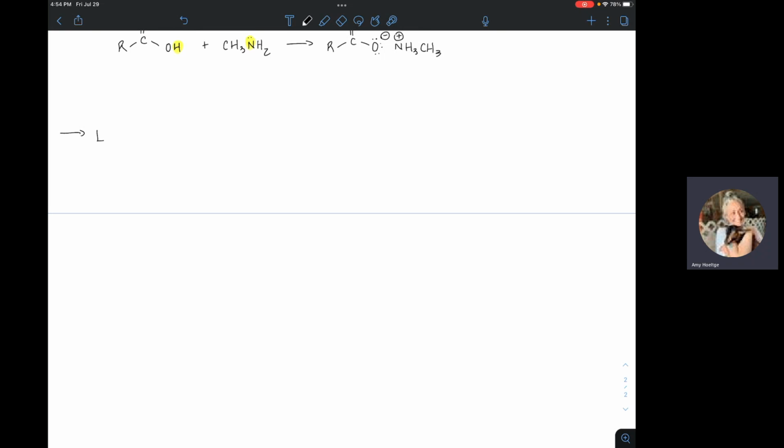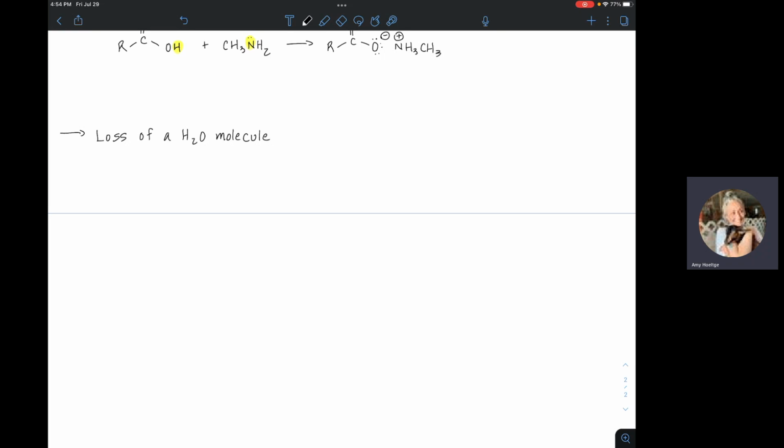You could lose a water molecule between two carboxylic acid molecules. This is essentially a great way to turn a carboxylic acid or two, so two equivalents of carboxylic acid, into a better electrophile, so make it more reactive by condensing them, essentially.